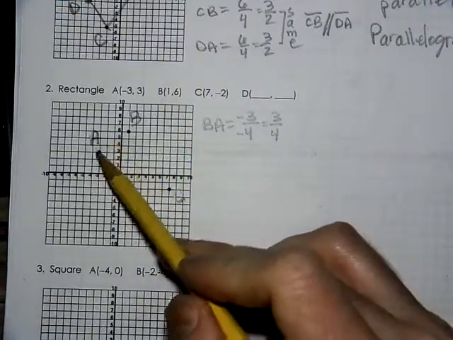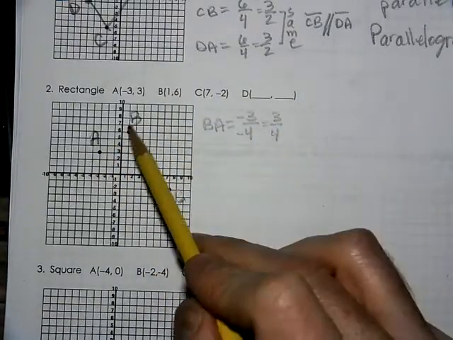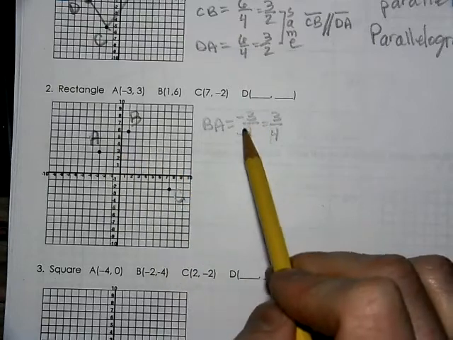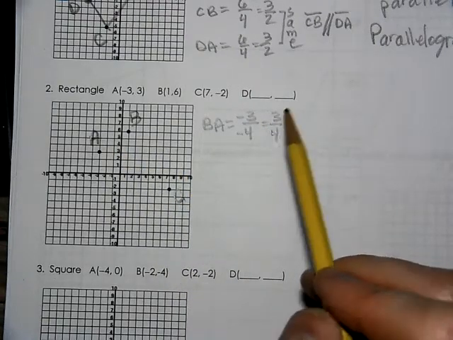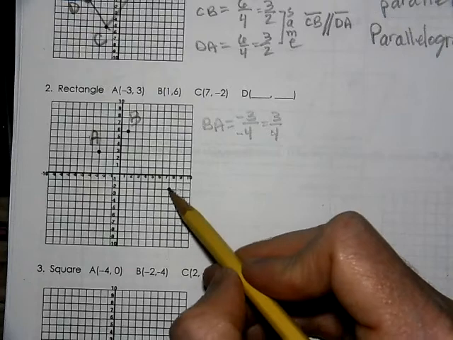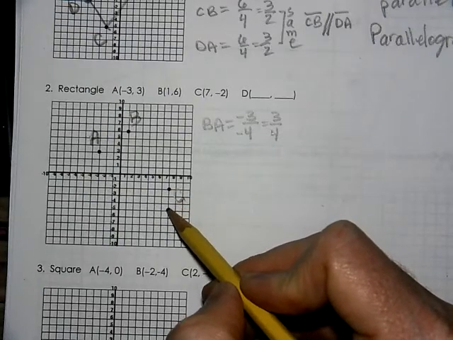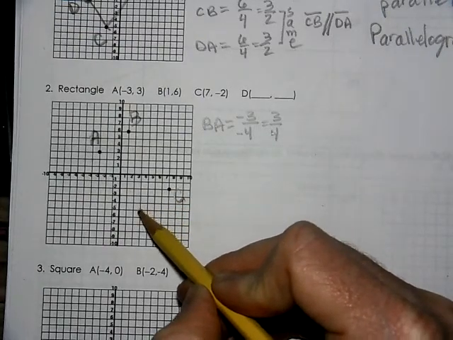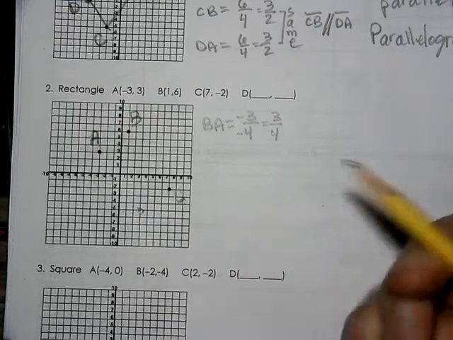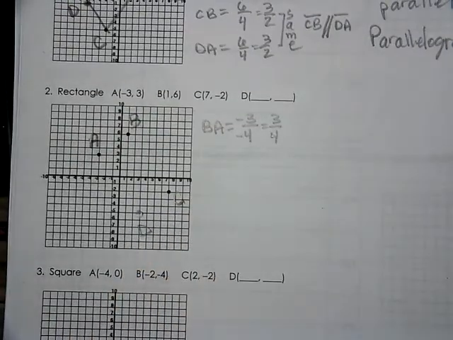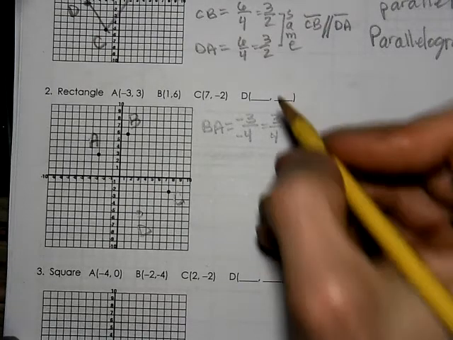Notice that it's actually increasing to the right, so 2 negatives show that that's actually a positive slope. We'll do the same thing from here. So we have our point D at 3, -5.